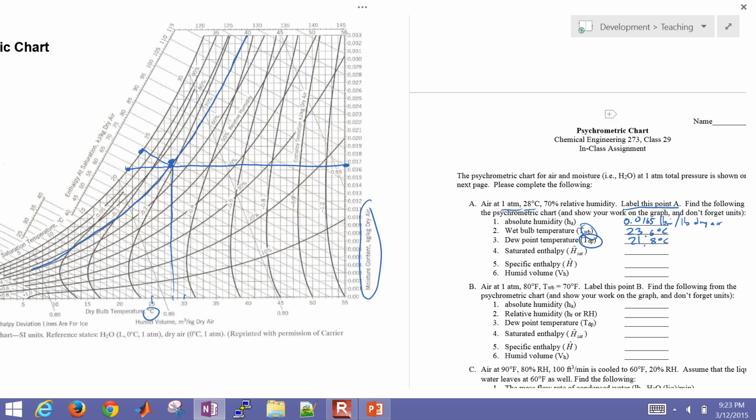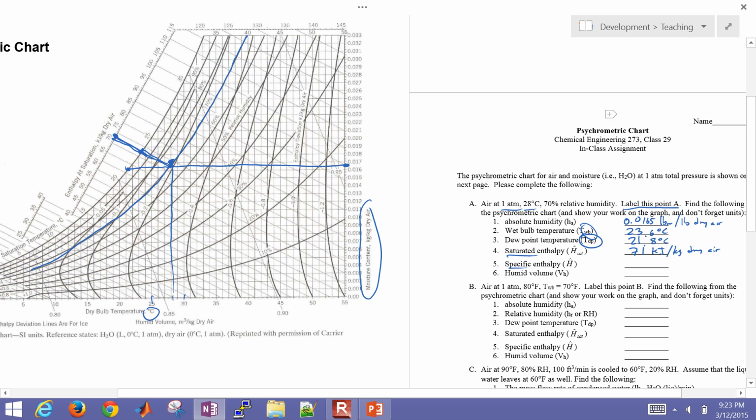Let's look at our saturated enthalpy. Again, we're coming right up here. It's about right there, about 71 kilojoules per kilogram dry air. Now we're going to look at our specific enthalpy.